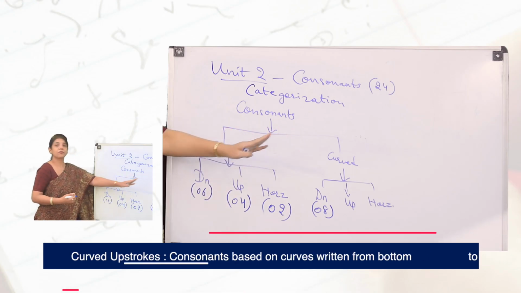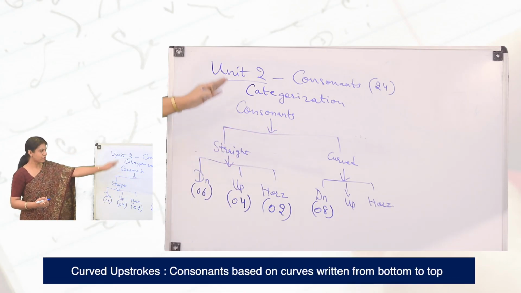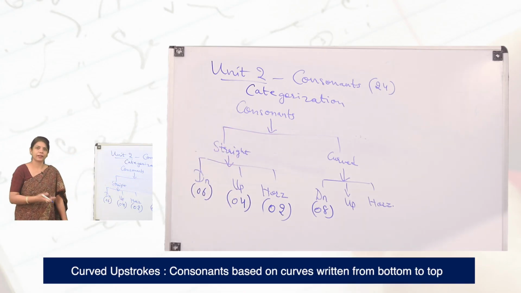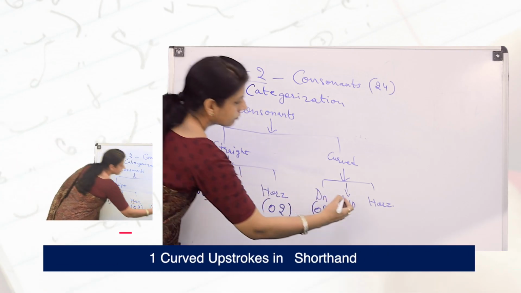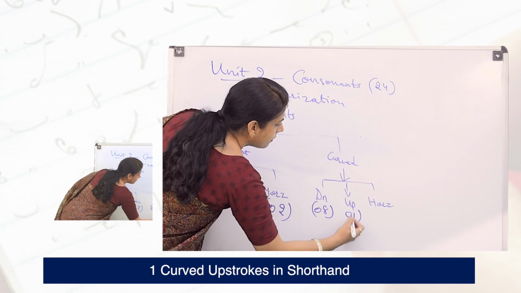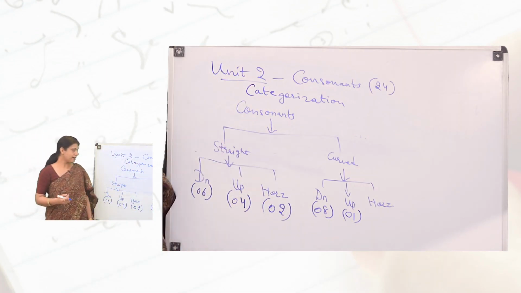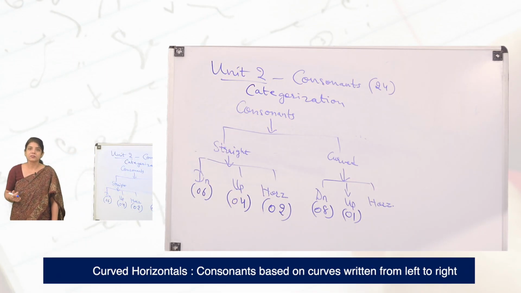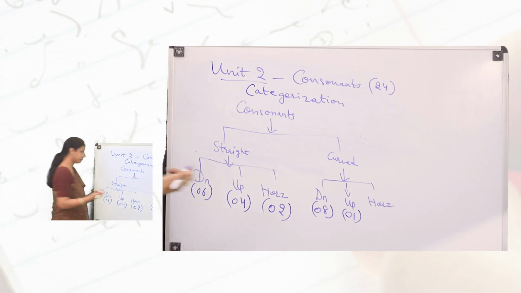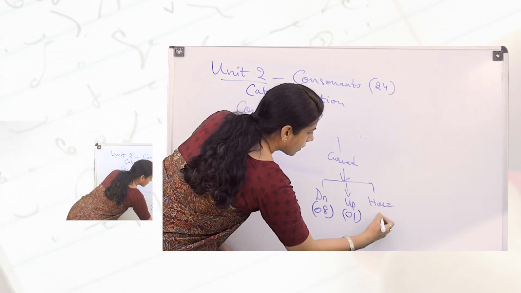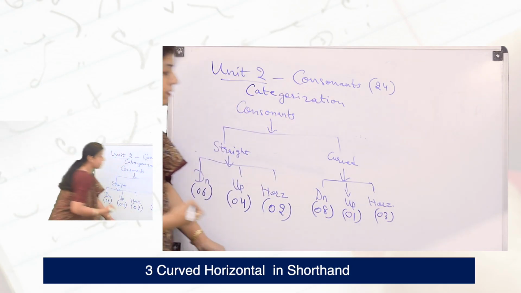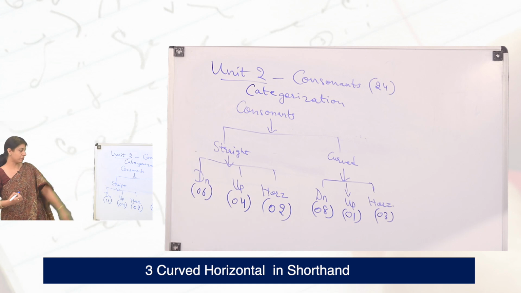Next is curved upstrokes, based on curves written in upward direction from bottom to top. We have only 1 curved upstroke in shorthand. And the last category is curved horizontals, the strokes written with the help of curves from left to right. So we have basically three curved horizontals.